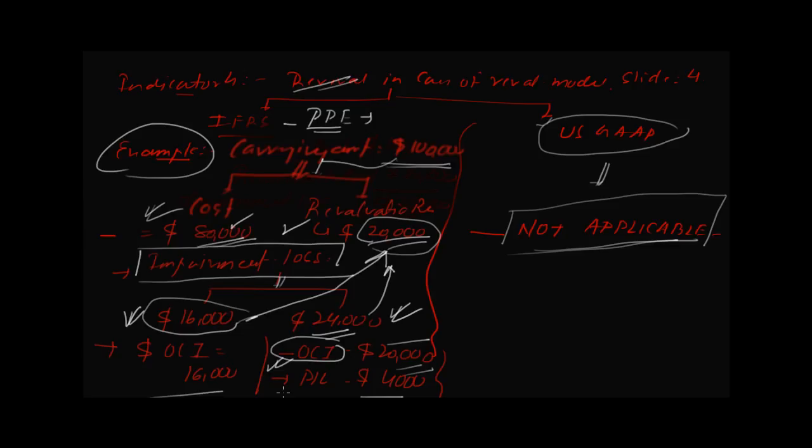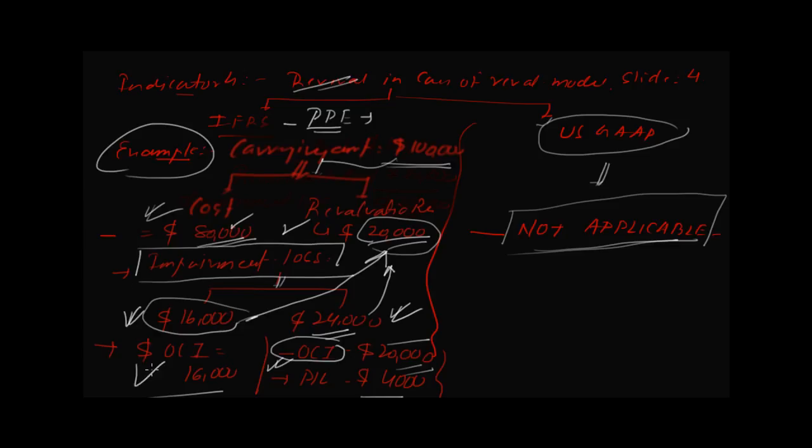So I will summarize. If there is an upward revaluation, the first thing the entity needs to do, if there is an impairment loss, is adjust the impairment loss against the upward revaluation balance in the revaluation reserve, by routing it through other comprehensive income, just like the 16,000.